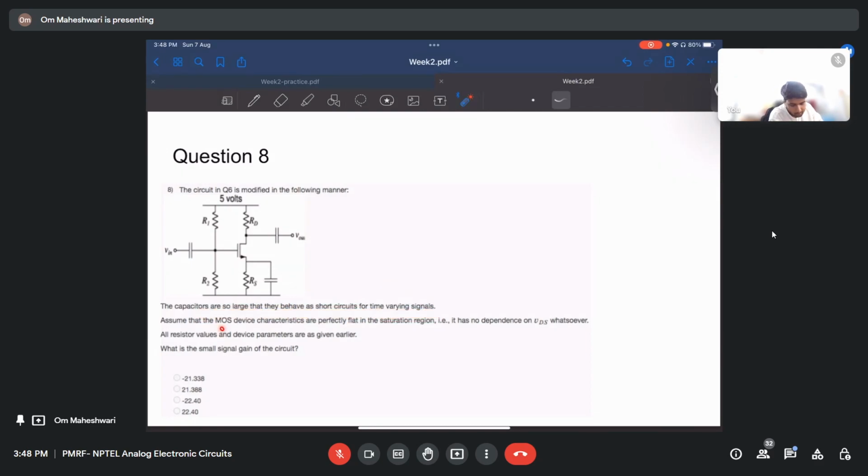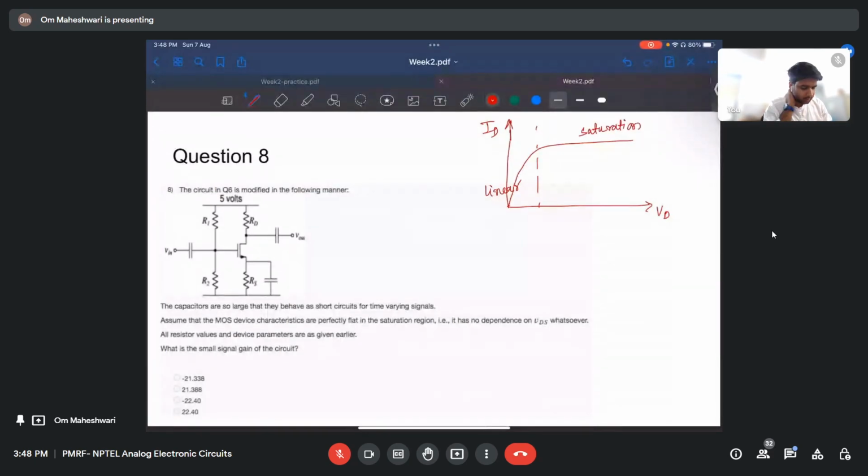And assume that the MOS device characteristics are perfectly flat in saturation region. This is a very important line. What it means is, if this is our MOS device characteristics, let's say this is the ID-VD graph, it looks something like this, right? Here it is in linear and here it is in saturation.